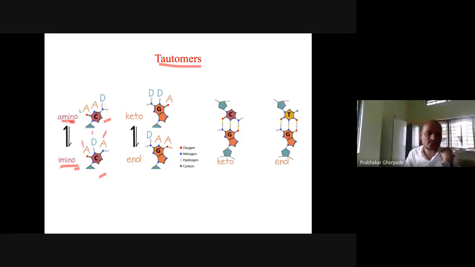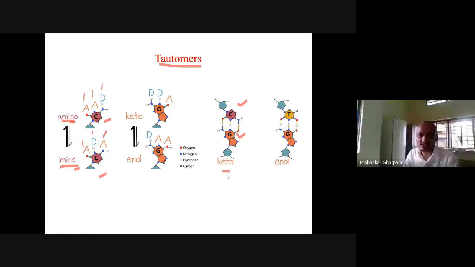Likewise, if you change it to the tautomer form, it changes to a different pattern of acceptor and donor. Basically, the tautomer changes this pattern. Ideally, for example, this G has to bind with this C molecule. Guanosine has to bind with the cytosine molecule.